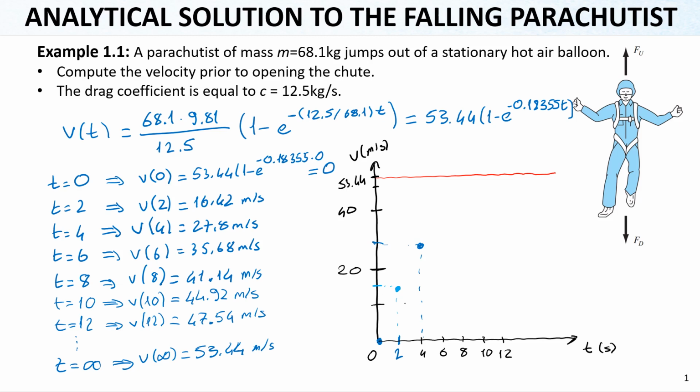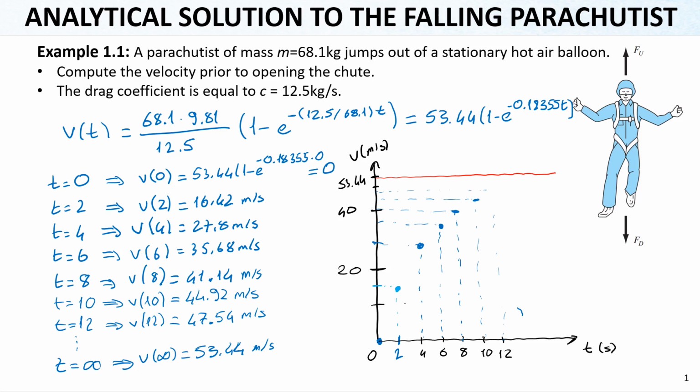For 6, 35. You can say this value. For 8, 41, somewhere here. For 10, 44, here, and finally for 12, 47. This was 50, so 47 is here.